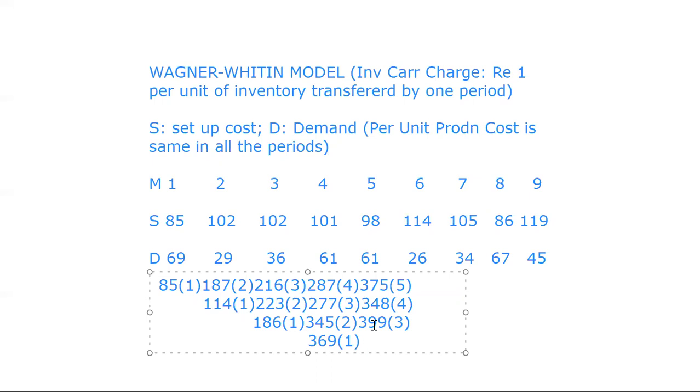Therefore, if it is not optimal to produce in period number 2 and transfer to period number 4, then it is not optimal to transfer from period number 2 to period number 5. So this has reduced my search space and my computations. I am stating this result without proof.